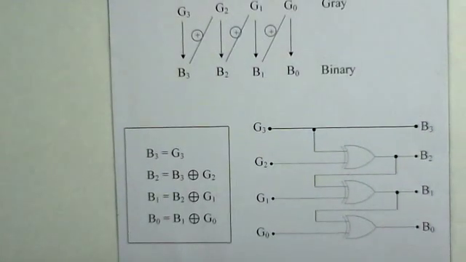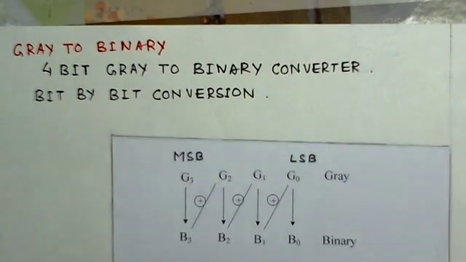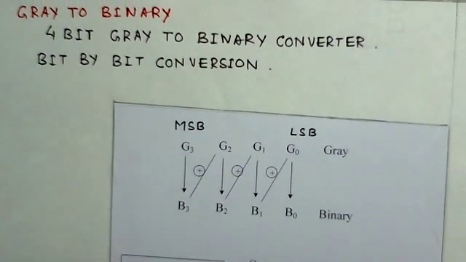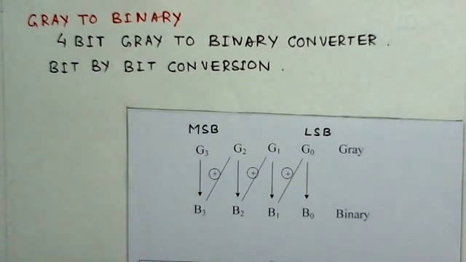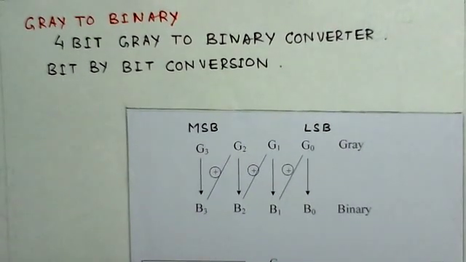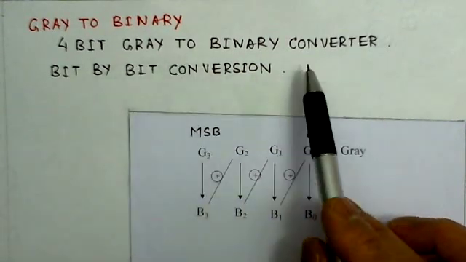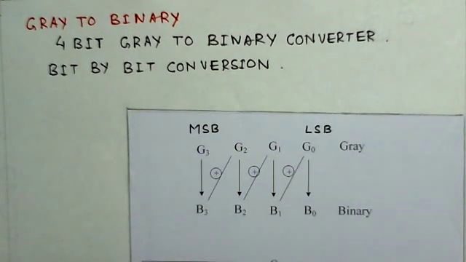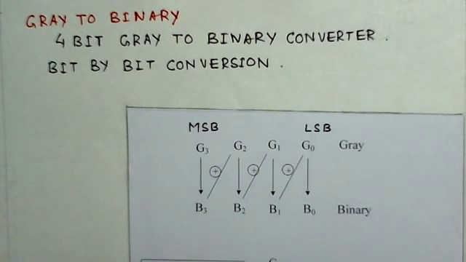Now there is another code converter, the inverse of binary to gray, which is gray to binary. You can look at this as we have done in the earlier case. This is a 4-bit gray code, and we have to convert from this 4-bit gray code to binary.